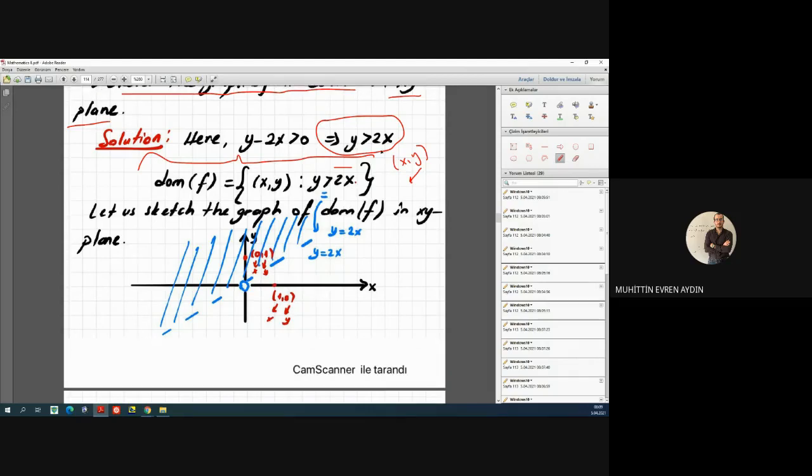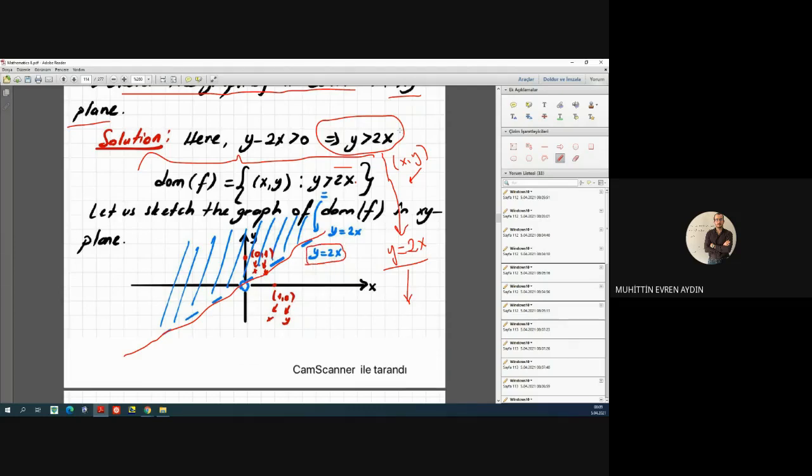If this were an equality, then the points satisfying it would form a line passing through the origin, y equals 2x.